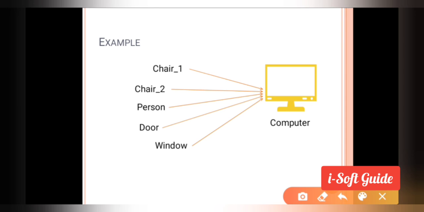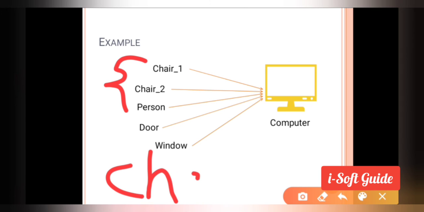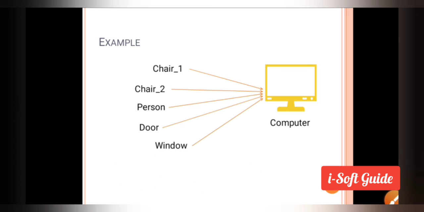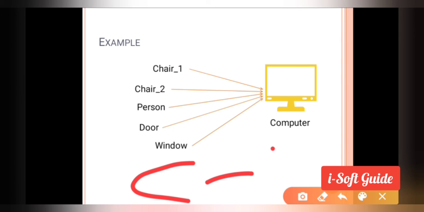So if we consider chair 1 and chair 2, these are of class chair. So class chair is there and class person is there. How are they related with each other? So person can move the chair and chair can be moved by the person.